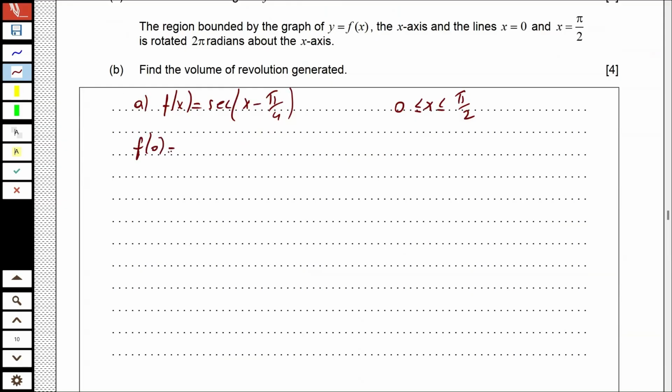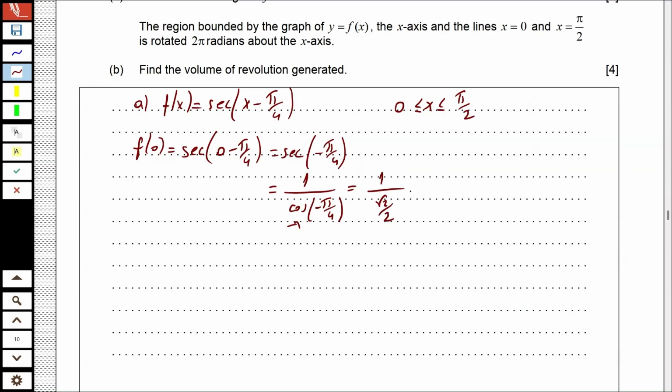If we substitute, for example, 0, secant of 0 minus pi over 4, which is secant of minus pi over 4, which is 1 over cosine of minus pi over 4. Cosine is the same on the negative and the positive side. It's 1 over cosine pi over 4, which is 1 over square root of 2 over 2, which is 2 over square root of 2, equals square root of 2.